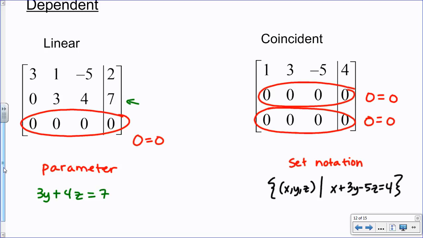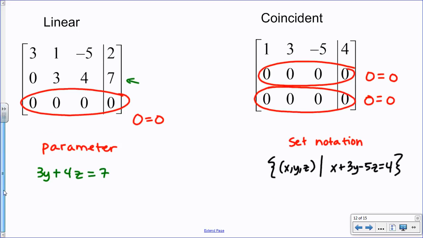You need to solve for one of those 2 variables. Let's say we'll solve for y. So that's negative 4z plus 7, and then divide by 3. Either way you do this one, you're not going to have very nice parameters. You're going to have to deal with some fractions, but that's okay. A lot of times you will.